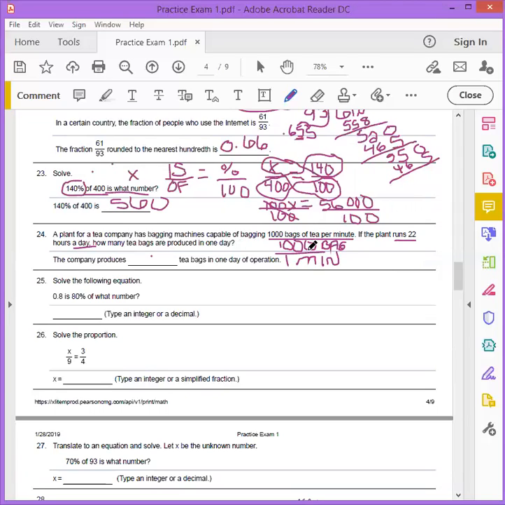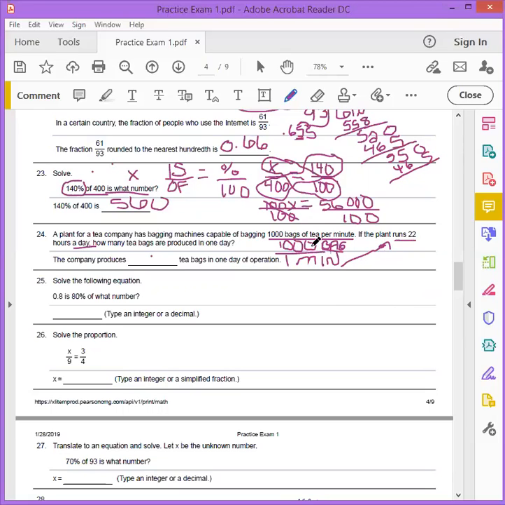So if we're bagging 1,000 bags every minute for 22 hours a day, we first need to figure out how many minutes there are in an hour. We know that there are 60 minutes in an hour.